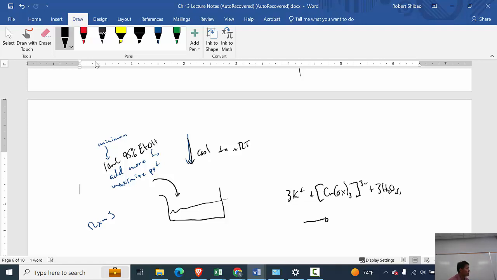And this is aqueous, and so we're going to add ethanol. And the more ethanol we add, the less soluble this should become, and the more we should precipitate out. And so we want to get a reasonable amount of this precipitate.